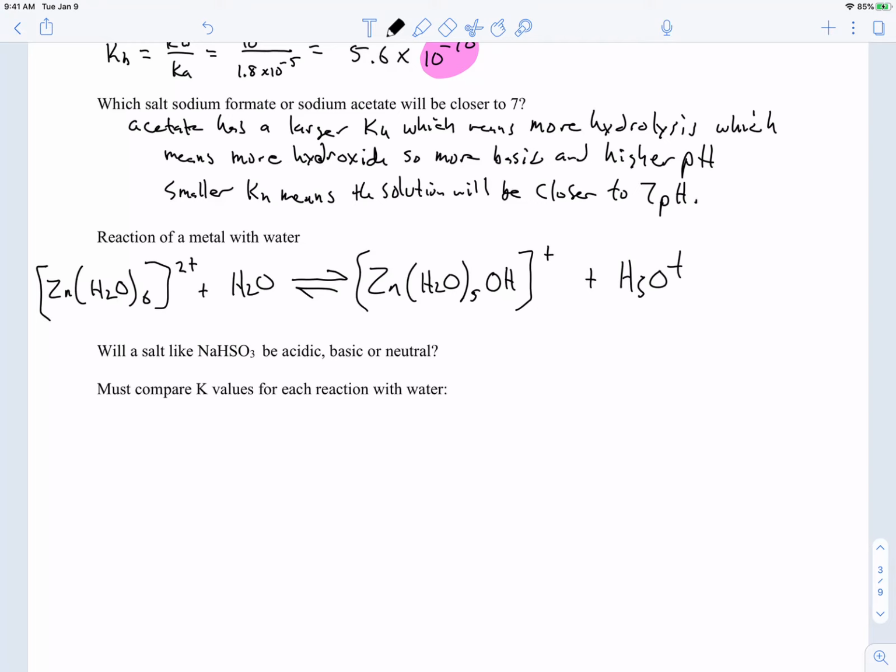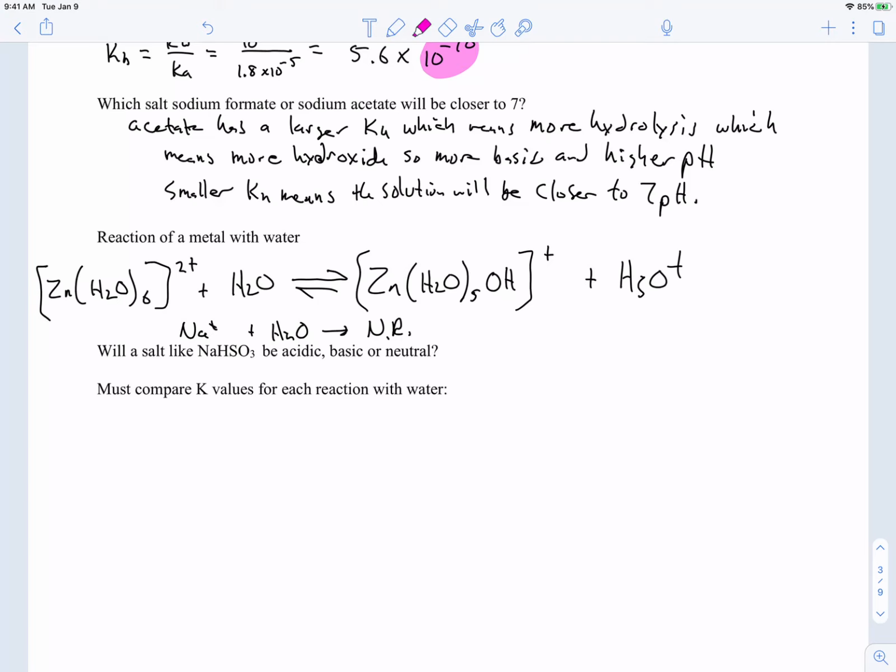Now, what about an ion like sodium? Well, sodium plus water gives us no reaction. That's because we're not going to produce sodium hydroxide. It's just not going to form. It's a strong base. So we're not going to form a strong base. So group 1 metals do not react with water. Transition metals tend to react with water.